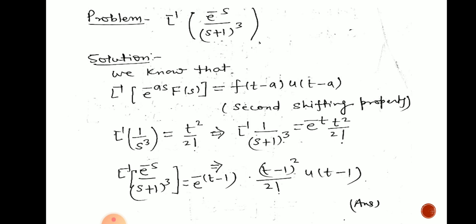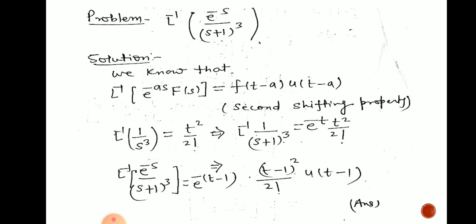If we focus on the second shifting property, then the Laplace inverse of e to the power minus as F(s) is equal to f(t minus a) u(t minus a). This is the second shifting property. Clearly, in this problem e to the power minus s is given, so first we have to calculate the Laplace inverse of 1 upon (s plus 1) cube.